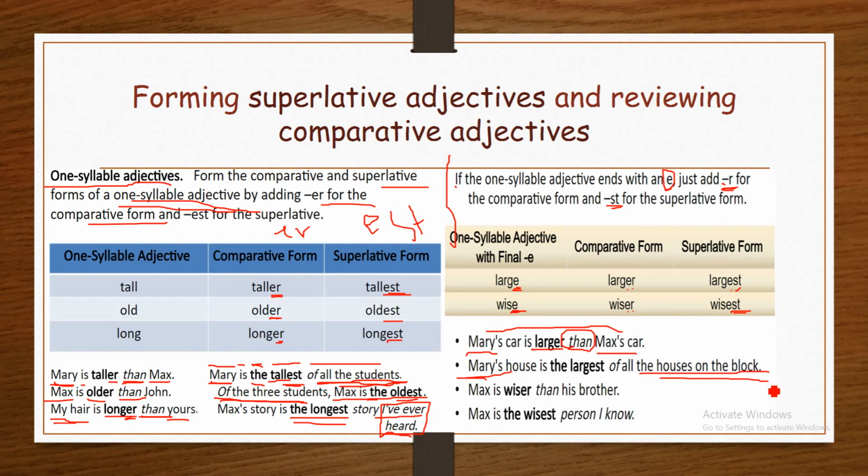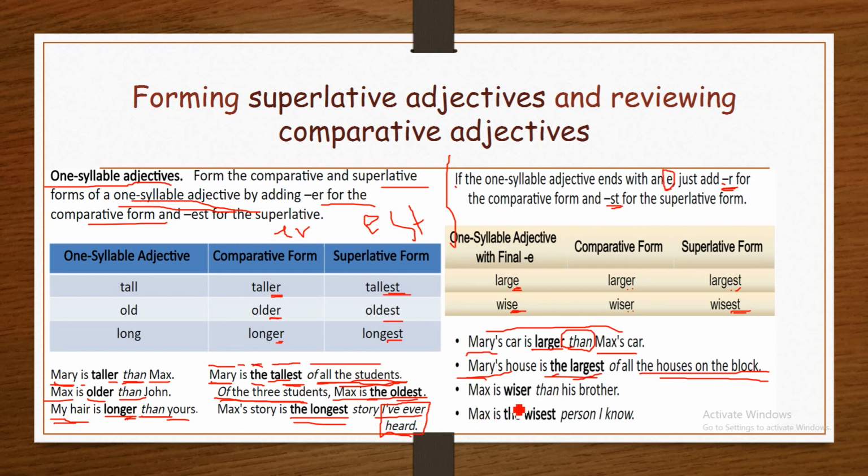If it is compared with one house, it will become a comparative form, but it is compared with a group of houses. Therefore, it is superlative form. My house is the largest. We have the superlative form of an adjective.